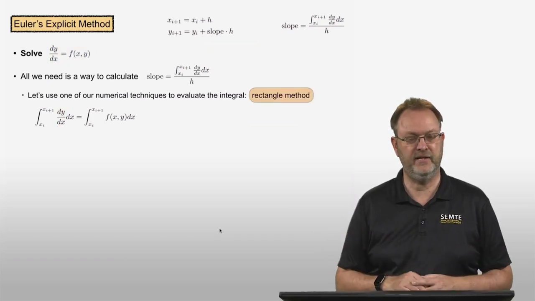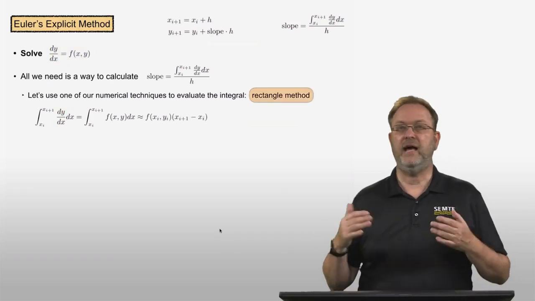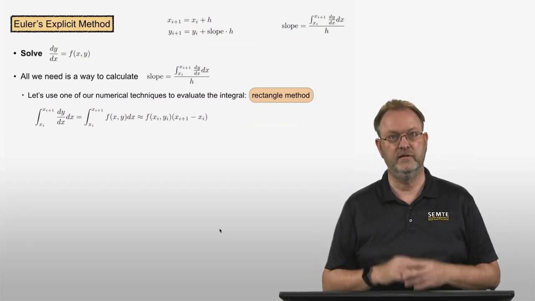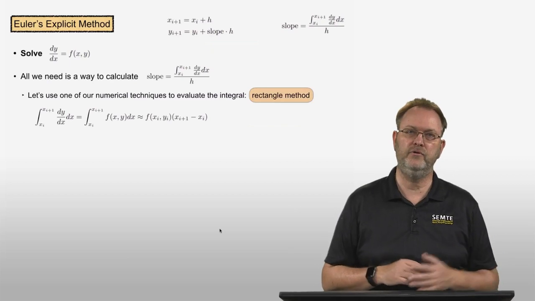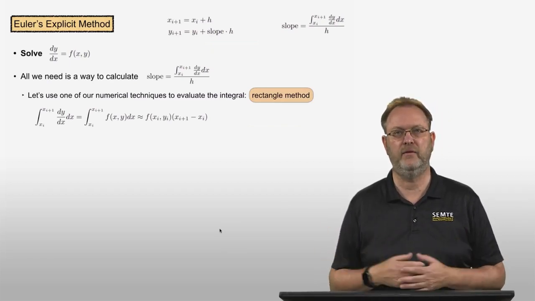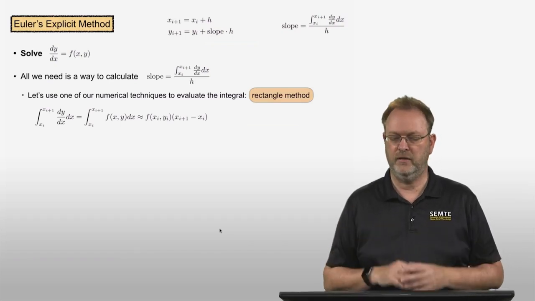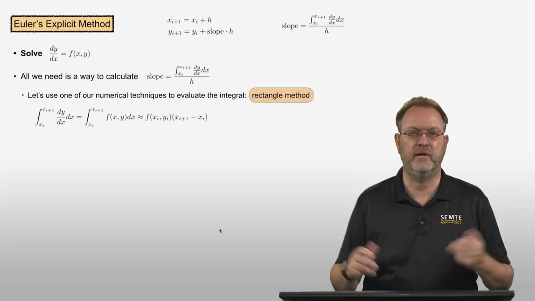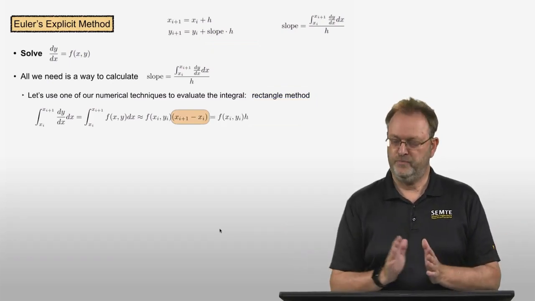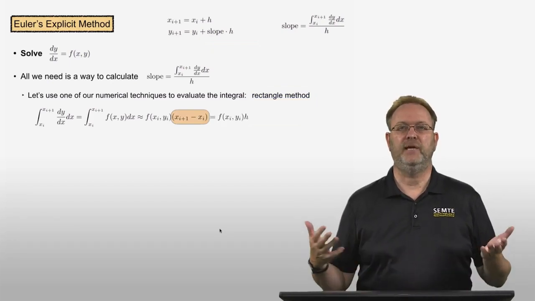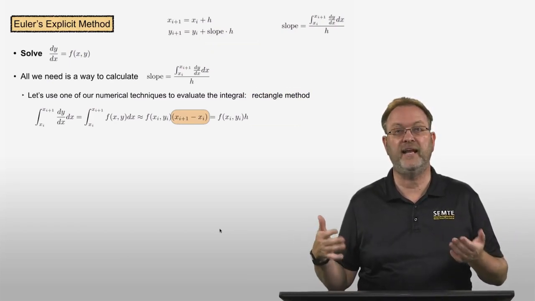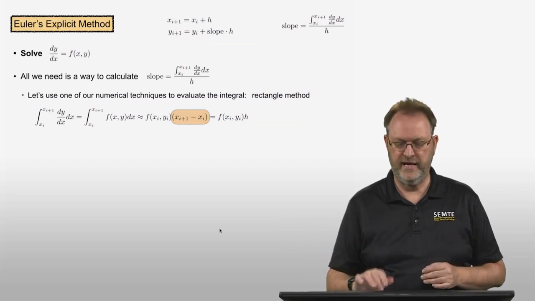We use the rectangle method, which means that the height of the rectangle is the integrand evaluated at the left bound, which would be x_i and the corresponding y_i, so f of x_i y_i, times the width of the interval, which is x_i plus 1 minus x_i. If we have these points equally spaced, that would just be h. So the integral is just the function evaluated at x_i y_i times h.